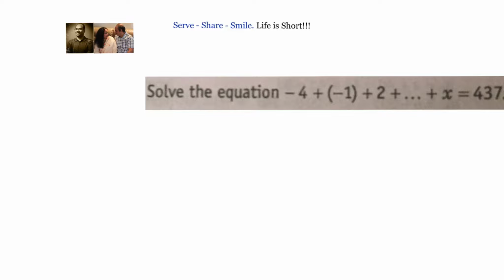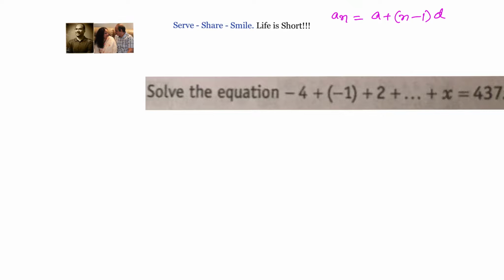So whenever we talk about arithmetic sequence, we have two formulas which will help us to solve arithmetic sequence or arithmetic progression problems. They are the nth term formula, which is given by an equals a plus n minus 1 into d, where a is the first term, n is the number of terms and d is the common difference.